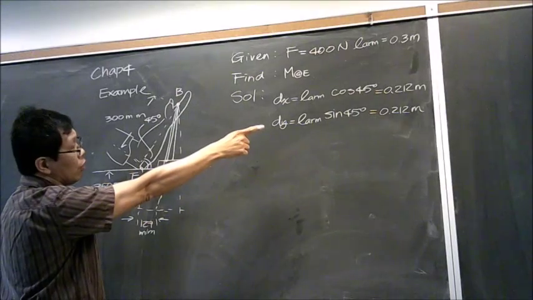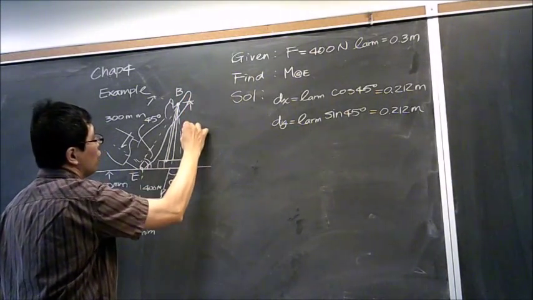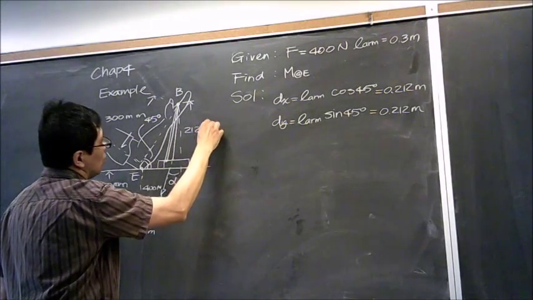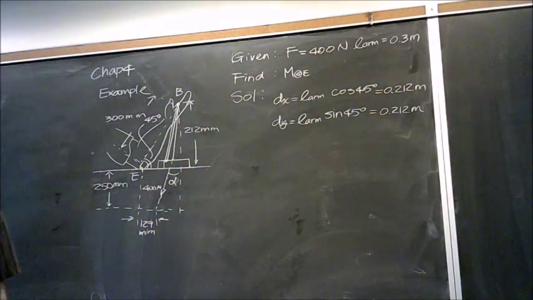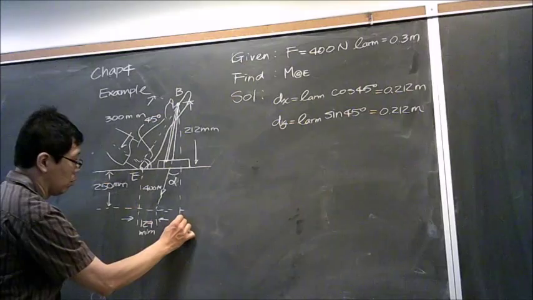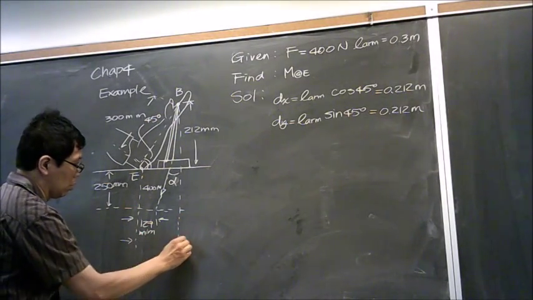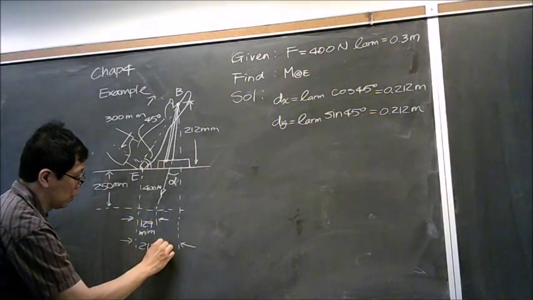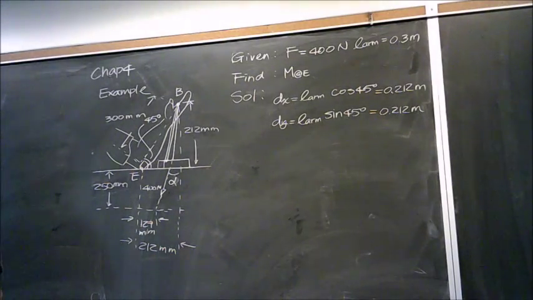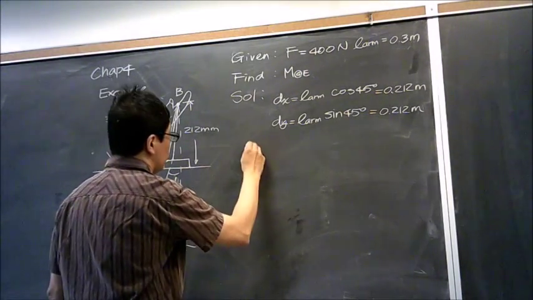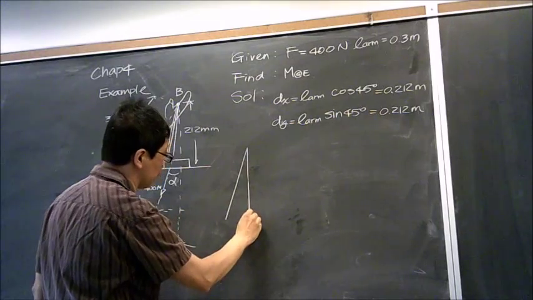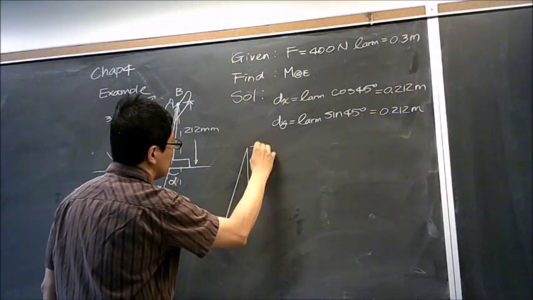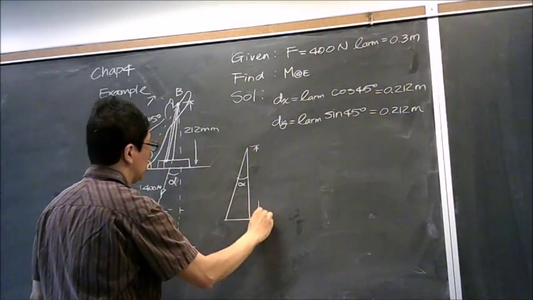So okay, I know that information, which means I know here is 212 millimeters, right? What do we also know? What is the distance over here? Still the same, right? So far, everybody with me? So with that information, those two pieces of information, this is my alpha, over here.